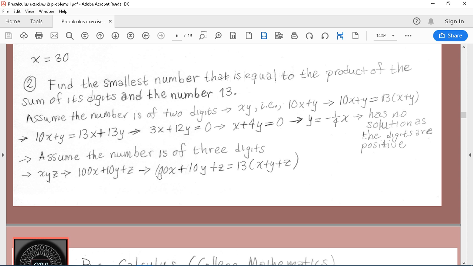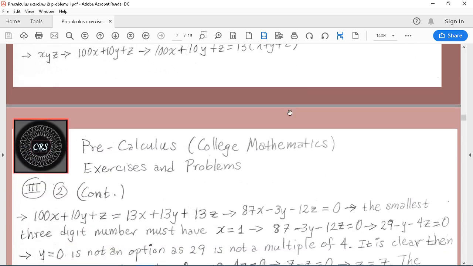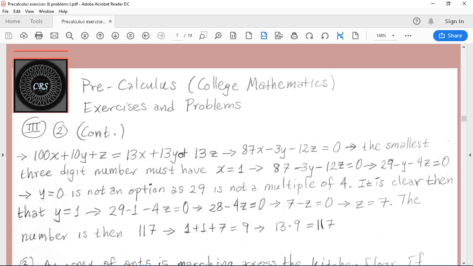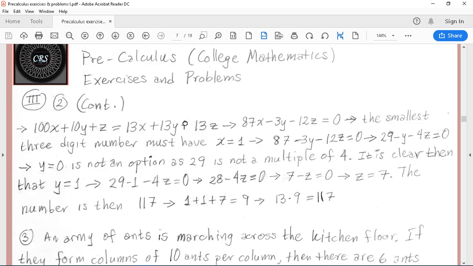So 100x plus 10y plus z equals 13 times x plus y plus z. We have then that 100x plus 10y plus z equals 13x plus 13y plus 13z. Okay, so 100x minus 13x is 87x. 10y minus 13y is minus 3y, and z minus 13z equals minus 12z.